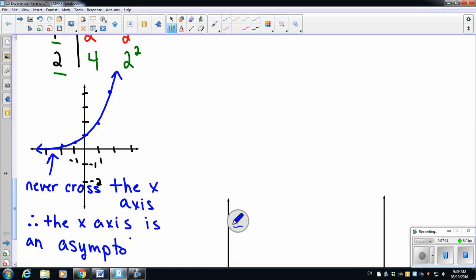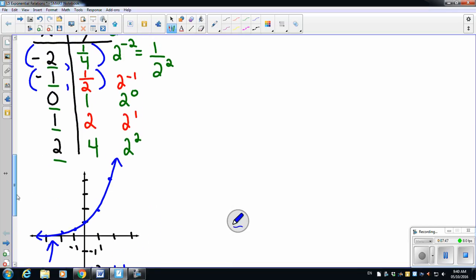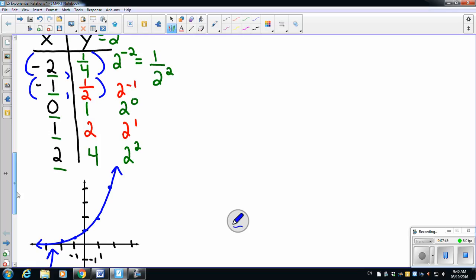An asymptote is an imaginary line, a line on a graph, where the curve does not generally cross. So in this case, it's the x-axis. Because whenever I have an exponent, I'm always going to end up with an answer that's greater than 0. So my graph will stay above 0.